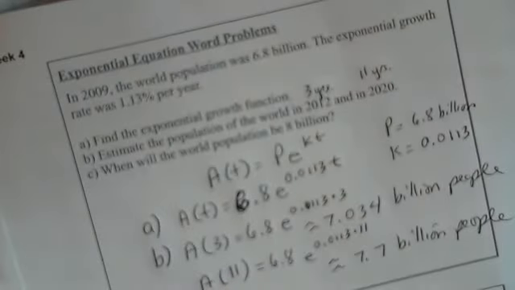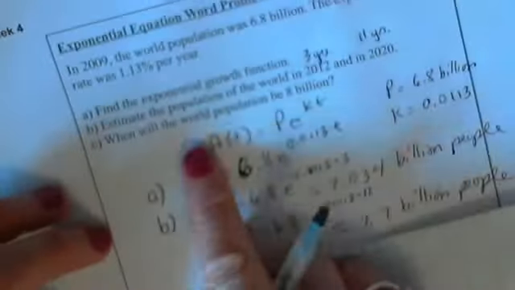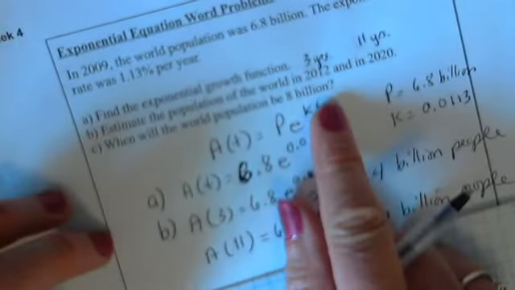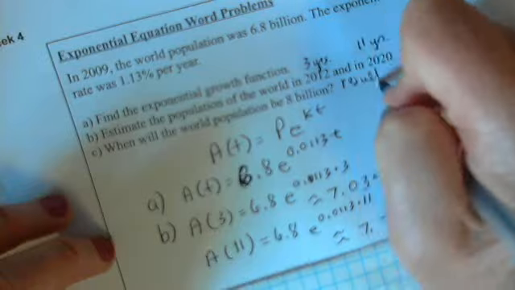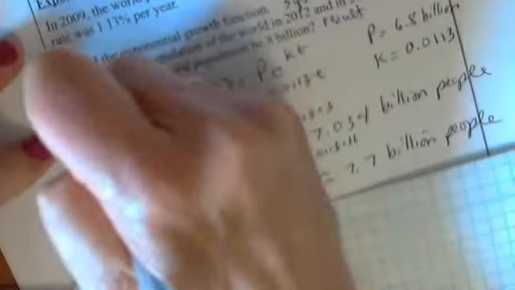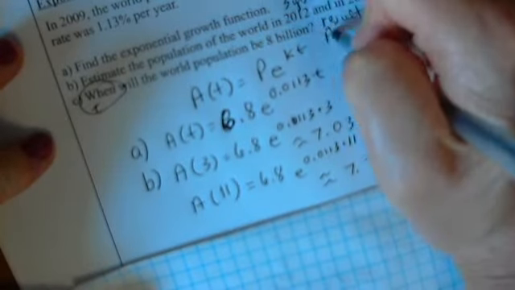We have part C. Now part C asks us to find out when will the population be 8 billion. Now this is asking when will the result be 8 billion. This is a result question. So in this case, we don't know the when. We don't know t, and we are trying to find it. We know A of t.